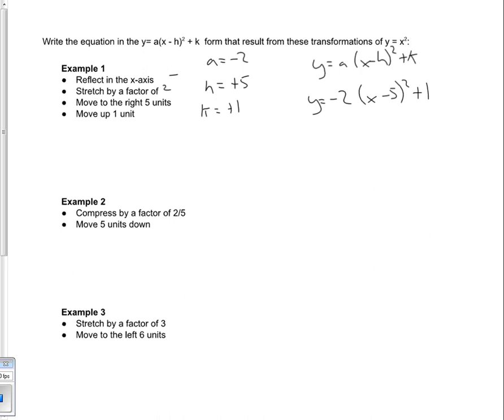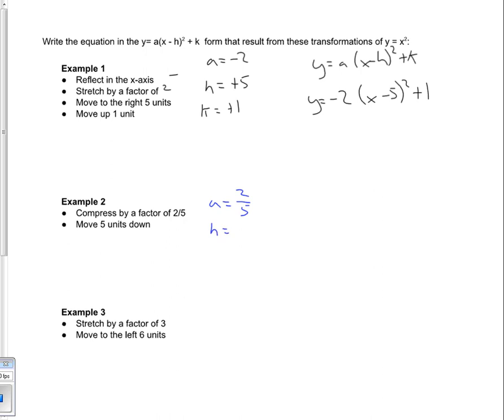In example 2, it tells us that it compresses by a factor of 2/3. Compression is a function of the a term. So if it compresses by 2/3, I'm just going to leave it as 2/3. You could convert that into a decimal, which is about 0.67, if you really want to, but you don't have to. And it says that it moves down 5 units.